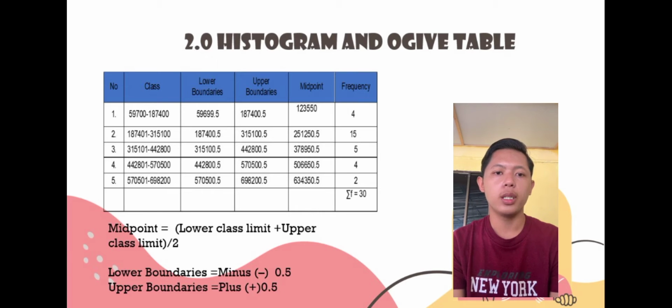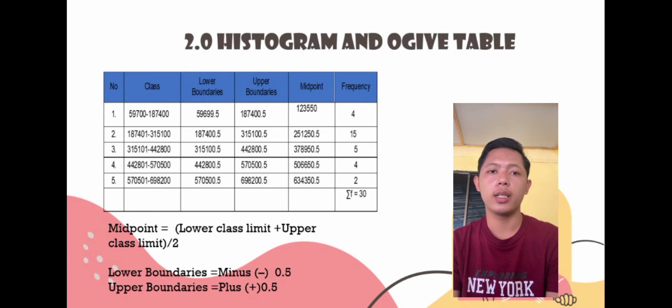So the lower boundary is the class lower limit minus 0.5. As an example, at number 1, the class starts at 59,700, minus 0.5, so the lower boundary is 59,699.5.